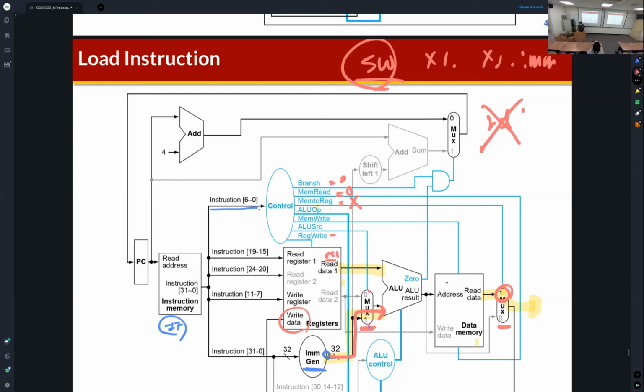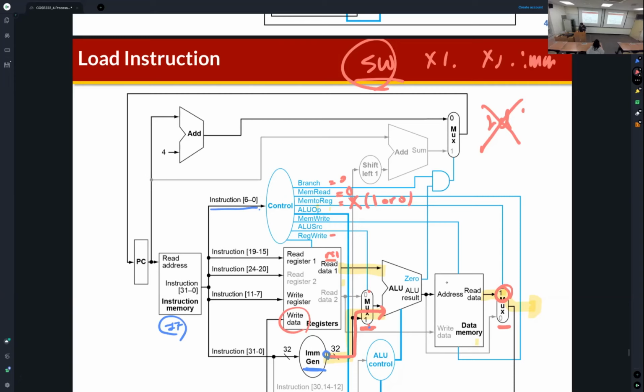The control signals can generate 1 or 0 for this mem to reg control signal, but it's okay. So it's don't care for the store instruction.